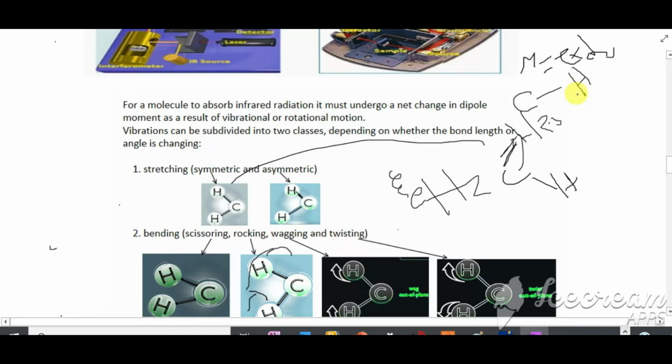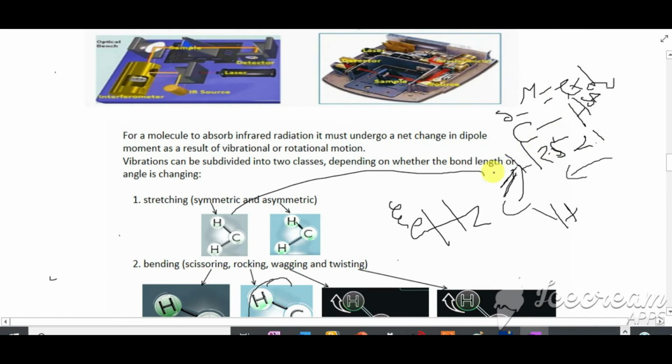From the table, carbon is 2.5 and hydrogen is 2.1, so the dipole moment will be more toward the carbon direction, because carbon pulls the electron from the hydrogen, as it has a greater electronegativity. So from this situation we get the dipole moment, which is a net change in the dipole moment.